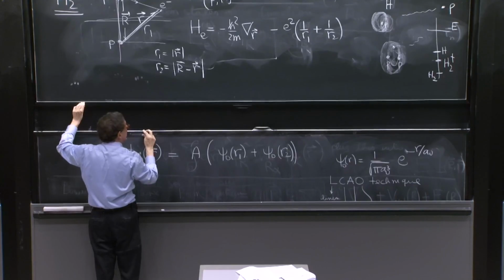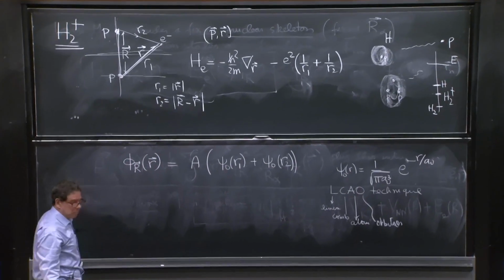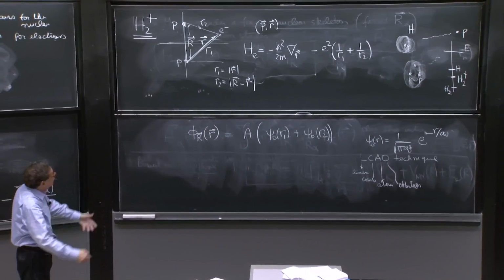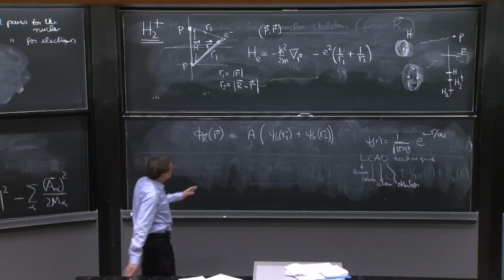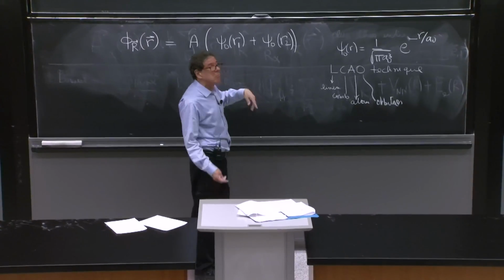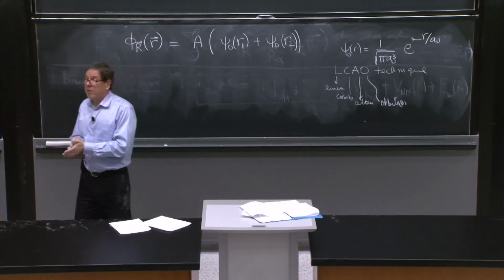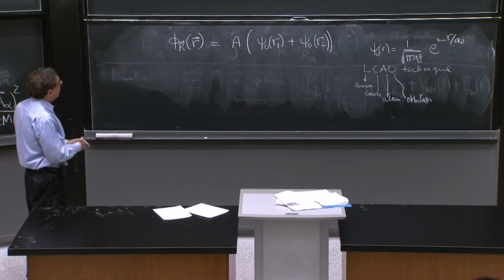So that's a symmetry of your Hamiltonian. It commutes with the Hamiltonian, so you can demand that your wave functions have that symmetry. And this is nice here, because if you change R1 and R2, the wave function is invariant. So that's a very nice thing about this wave function.